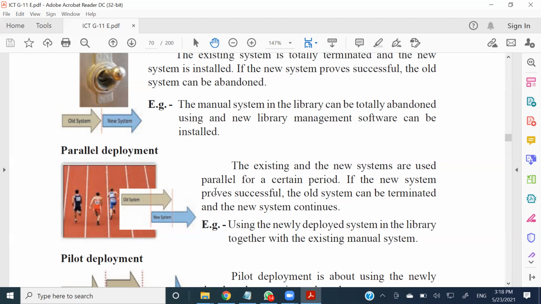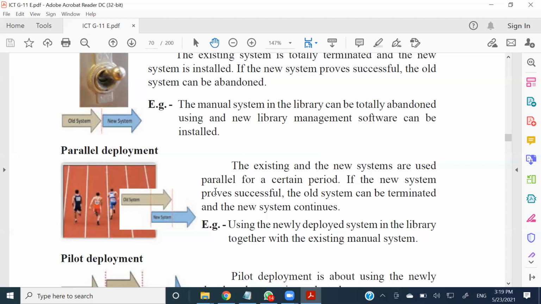But at the same time, in case the new system malfunctions, there is going to be a backup, since they are doing it on the book as well, right? So parallel deployment has those advantages and disadvantages when we consider it. So that is what we call parallel deployment. It doesn't mean that we have to carry out the old system and the new system together for too long.